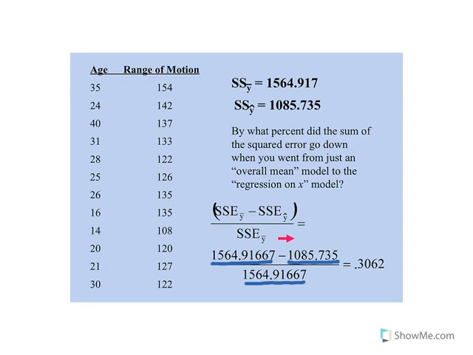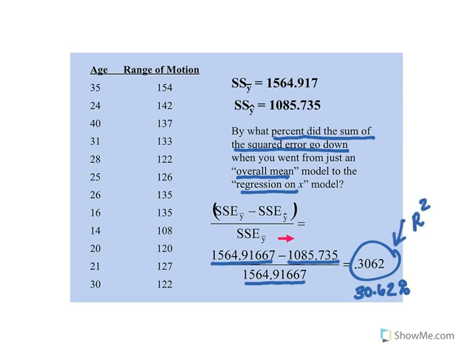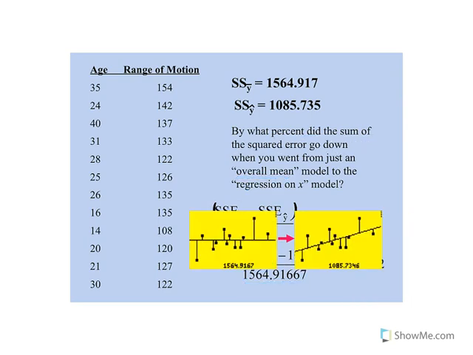This allows us to calculate by what percent the sum of the squared error went down when we went from the overall average model to the regression on X model, and we get 30.62%. Well, what does that tell me? This is our R squared value. You've just found the coefficient of determination.